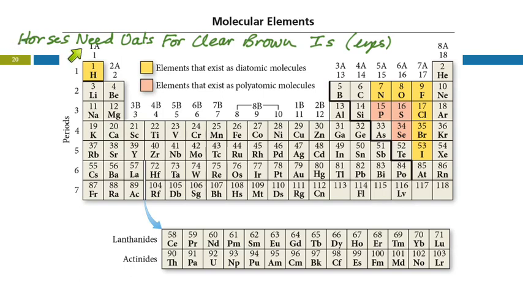H for hydrogen, nitrogen, oxygen, fluorine, chlorine, bromine, iodine. One I remember from high school is Brinkelhoff. And that's an attempt to take those element symbols and make a pronounceable word out of it. So whatever works for you, you need to know those. Any questions?